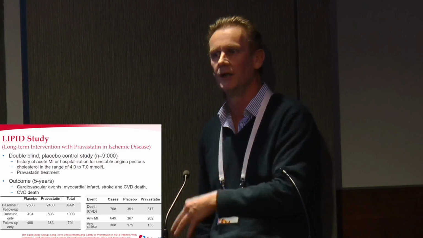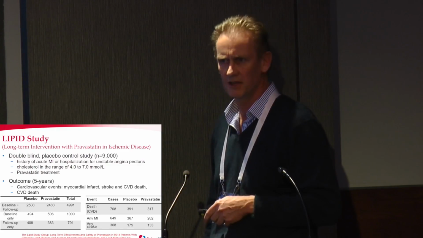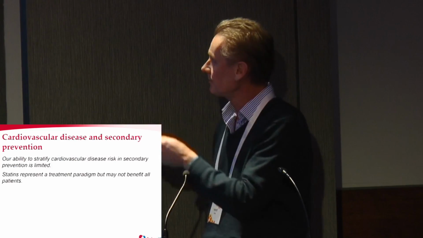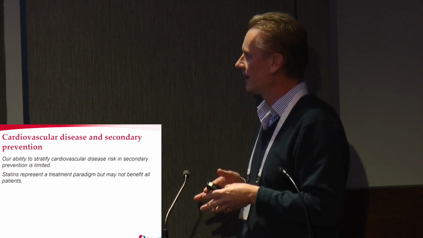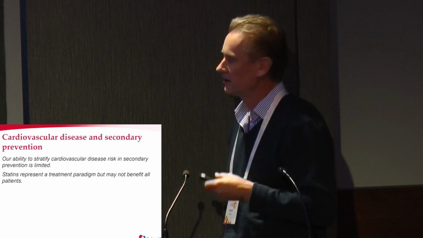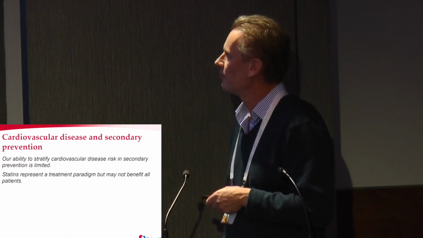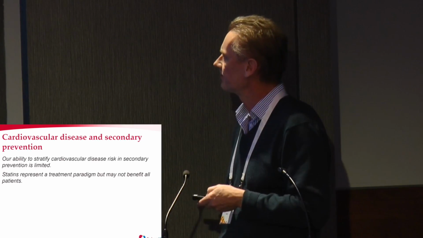So we had a lot of power to start to tease out how lipids were associated with those outcomes. And so we know then that our ability to stratify risk in secondary prevention is limited, and that statins are really a treatment paradigm but may not benefit all patients, or at least not all patients equally.